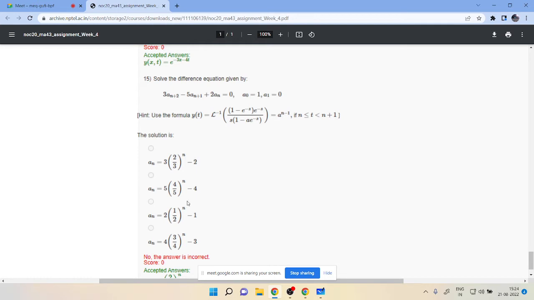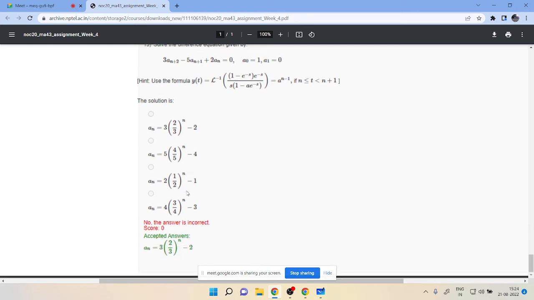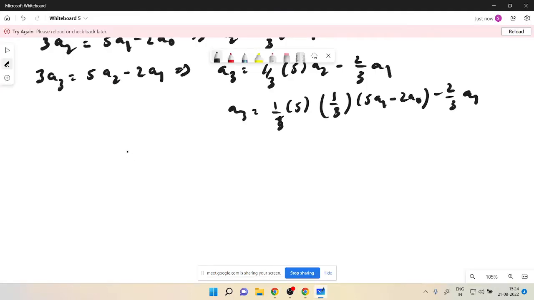We'll check n equals 1: 2 by 3 minus 3 is 0. For n equals 0 as well. Yeah, this one satisfies. Okay, next one.